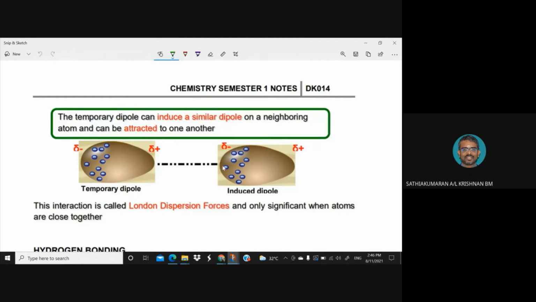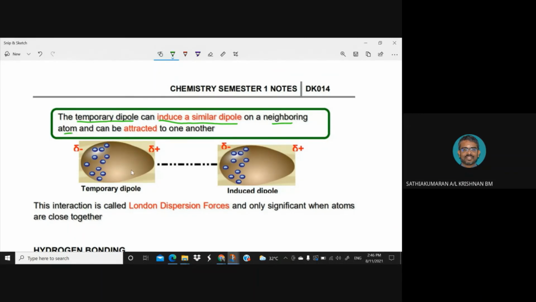Beside here there is another atom, same case. Suddenly an instantaneous temporary dipole is formed. So the temporary dipole can induce a similar dipole on a neighboring atom.